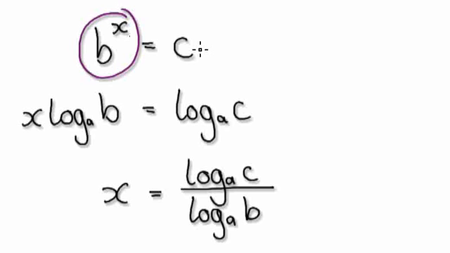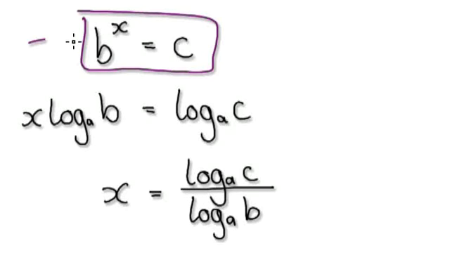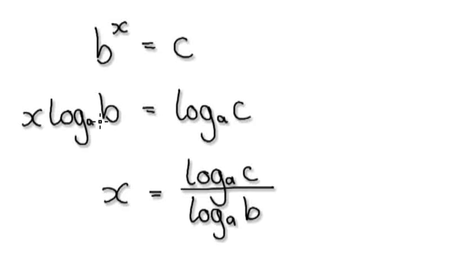Suppose you have b to the power of x equals c, and your job is to work out b to the power of what will give us c. In the past, you would log both sides, and then the x comes down.